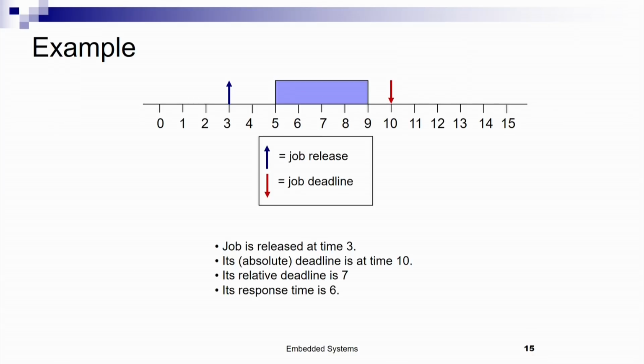Why? It is 10 minus 3, the deadline relative to its release time. Its response time is 6. After the release of the job, when does the output from the execution of the job become visible? At time 9 the output is visible, and hence the response time is 6.